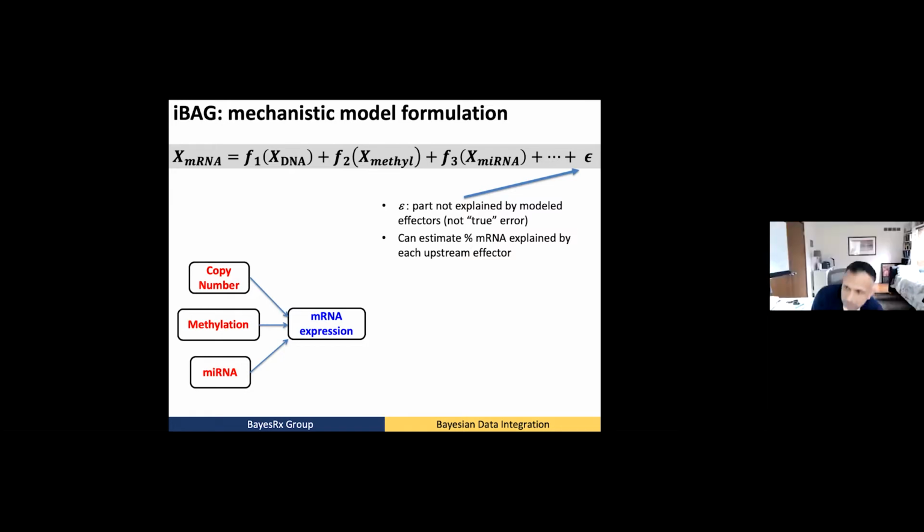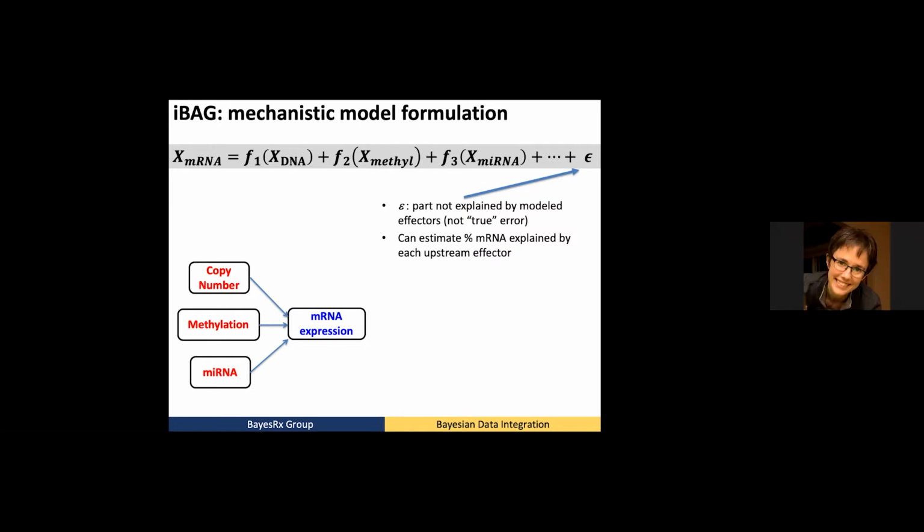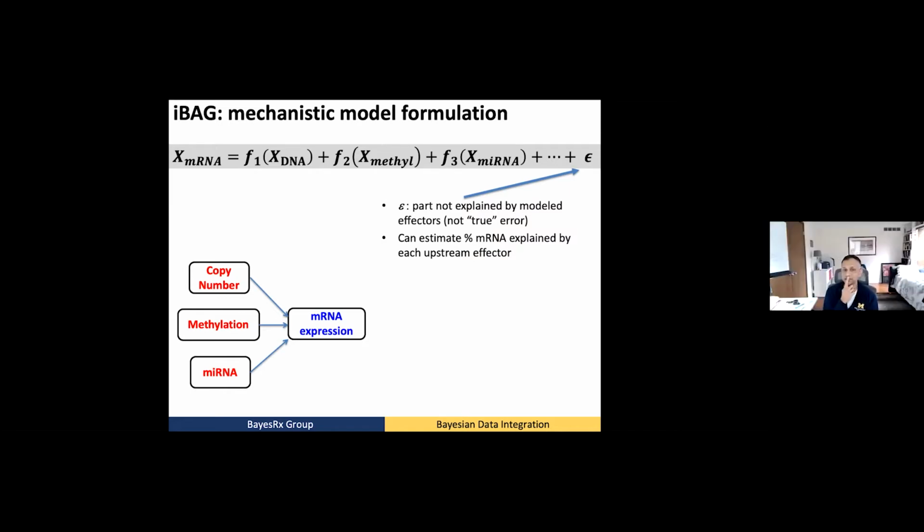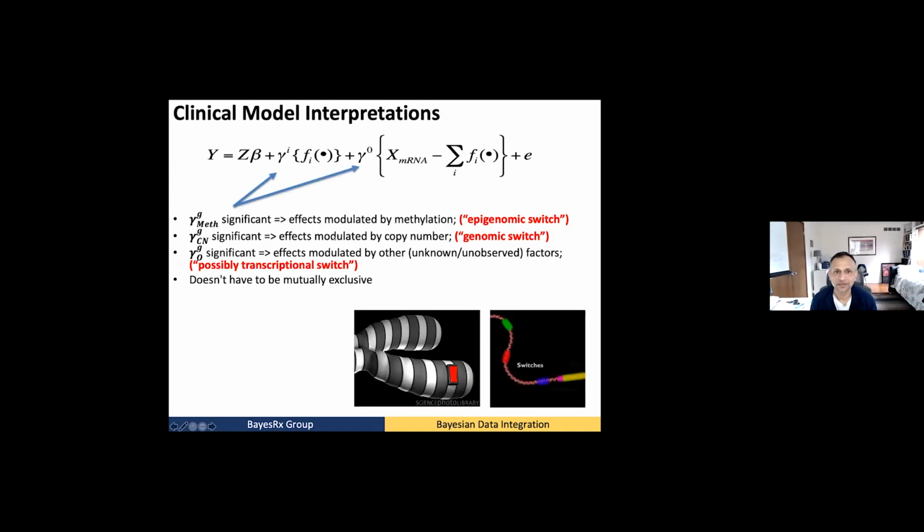Hey, Veera, can I ask a quick question? Sure. Can you add additional covariates to this, like age, or the major subtypes of tumors? That's a great question. Theoretically you can, but that's actually a perfect segue to my next point. Those factors we added for the clinical model rather than the mechanistic model.